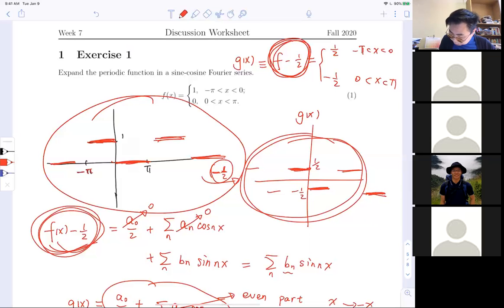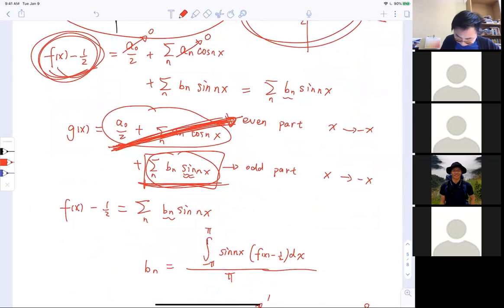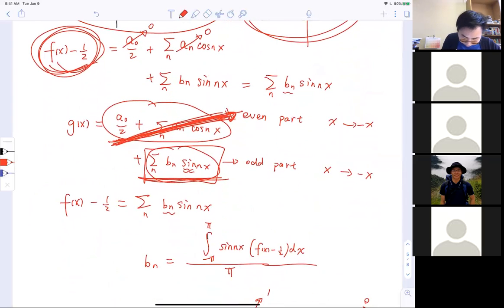And we notice that this is an odd function, meaning that the even part is 0. All the terms in the even part are 0, so we are only left with the odd part. So basically, we notice that g(x) is f(x) minus 1/2.